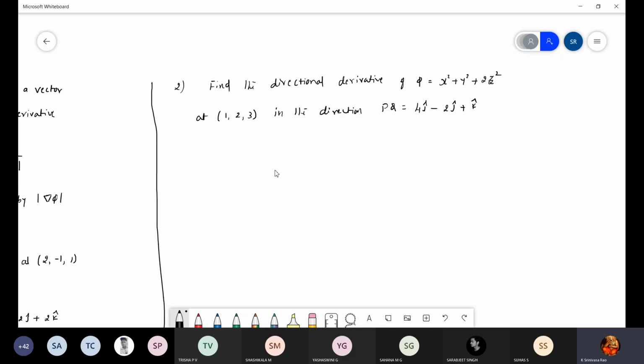Okay, so same procedure. First, write down what is given. Given phi equals x square plus y square plus 2z square, and direction vector d equals 4i minus 2j plus k cap.